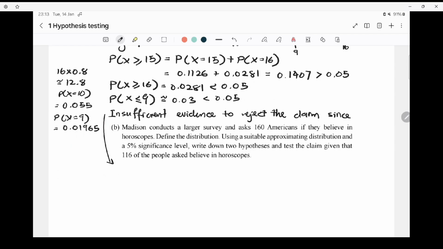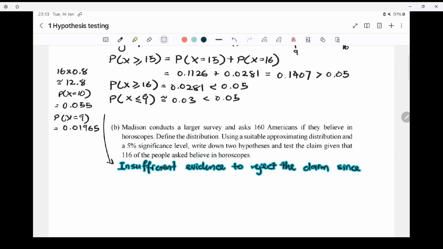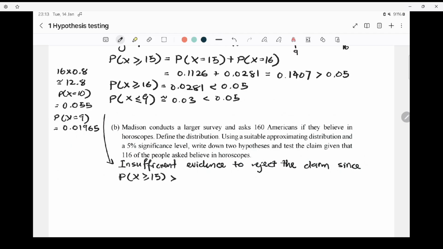So you have insufficient evidence to reject the claim, since P(X) greater or equals to 15 is greater than 0.05.